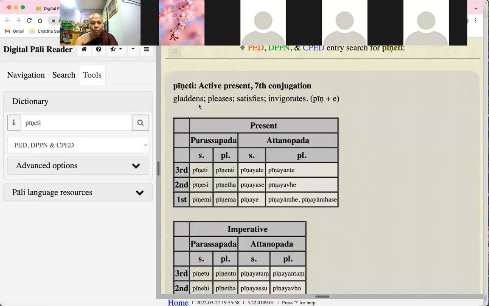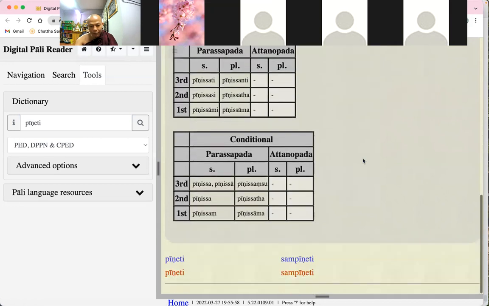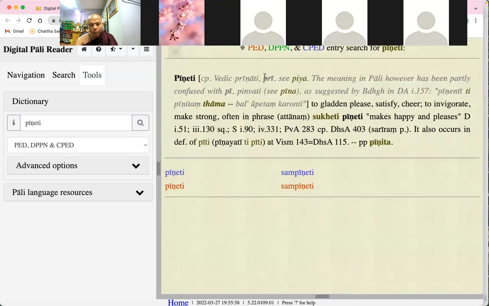Okay. So here, the root being and the A, according to the dictionary, a different idea. So bre and the ne.